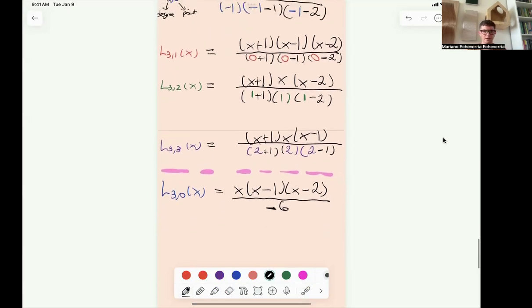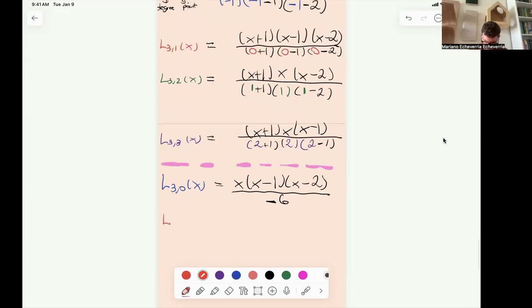Then the next one, L31. By the way, if you know how to find the polynomials, I don't care how you call them. I'm just trying to give them some names so that it's some standard notation. But as long as you know how to find the polynomials, you don't even need to label them.